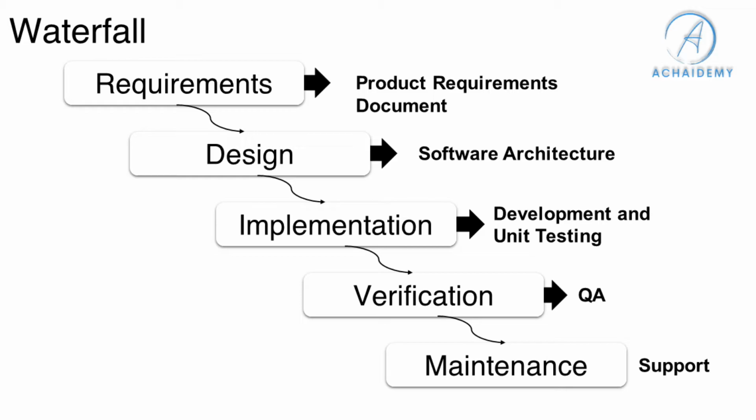Once that is done, you go through a long process of implementing the application as per the design, which is where you go through the process of coding and unit testing. This again might take months depending on your application. Once that is done, you go ahead with your QA verification, and then finally you put it to production and maintain it.